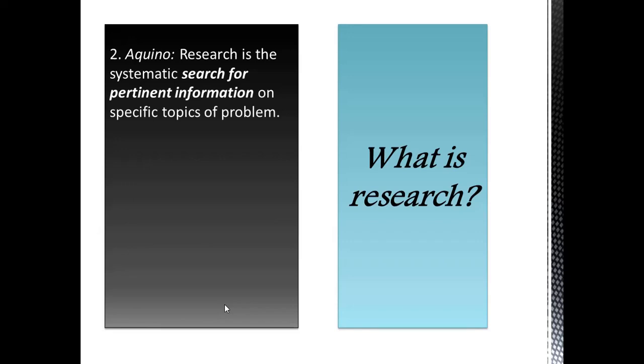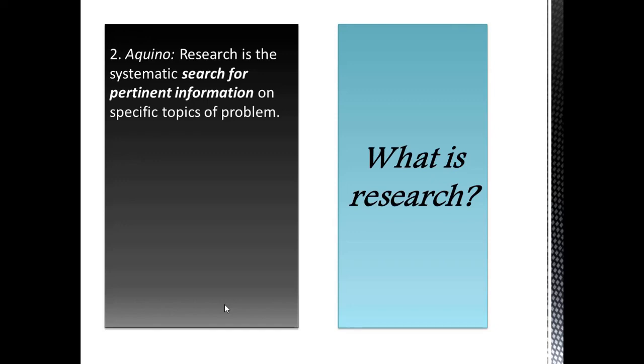There's the word systematic again. Because research is not done casually. Okay? It's not just that you take paper, take a ballpen, list things down, interview people, and then score how many, for example, drinkers at night and drinkers in the morning, it's not just like that. Then you just make a comparison and you make your conclusion. It's not just like that. It is systematic because it has a process. It is formal. It is organized. You do it in an orderly manner. Okay? You do not skip one process.